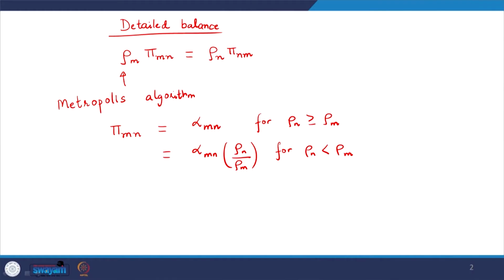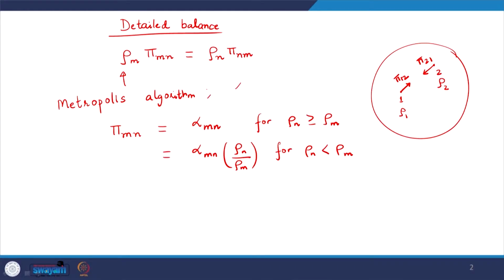So let's say we have two states, 1 and 2, and they have some probability densities rho 1 and rho 2, and pi 1 2 is the transition probability of going from 1 to 2, pi 2 1 is for the opposite, and we are interested in checking whether this particular choice of the algorithm satisfies the detailed balance or not.